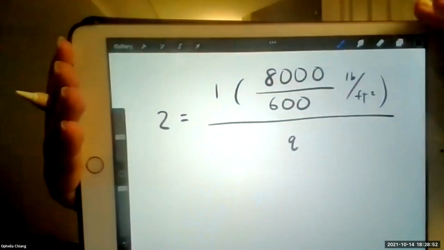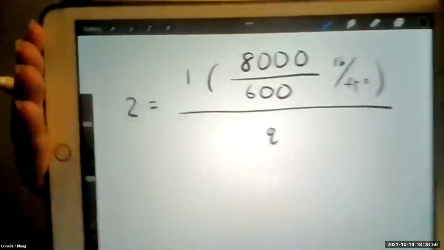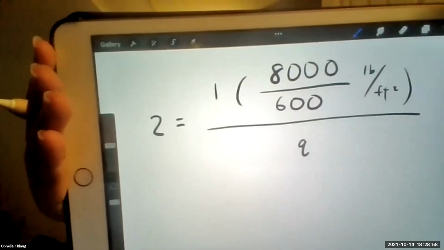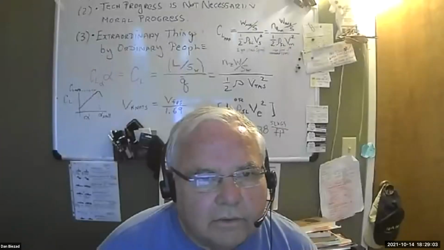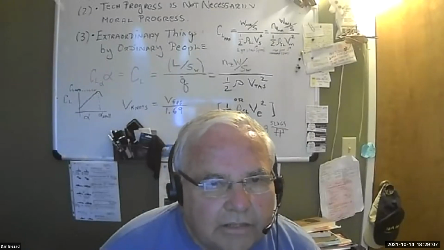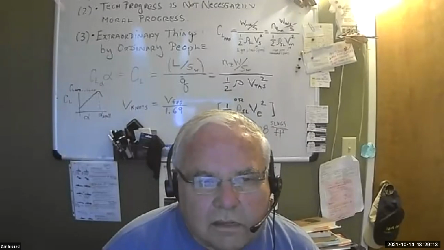That's what we set it up as. And for Q, then we solve for Q, and from Q we solve for V squared. And you got the 8,000 from the first problem, right? Yeah, that looks right. But I don't know what went wrong.